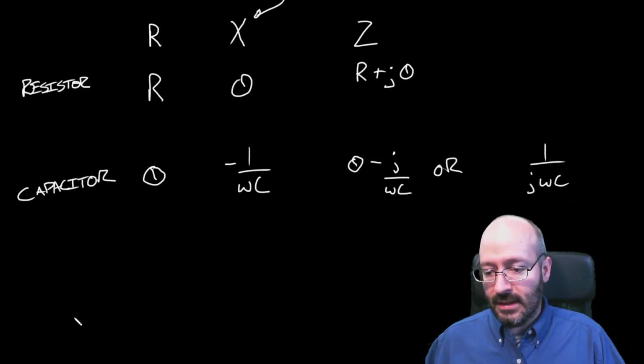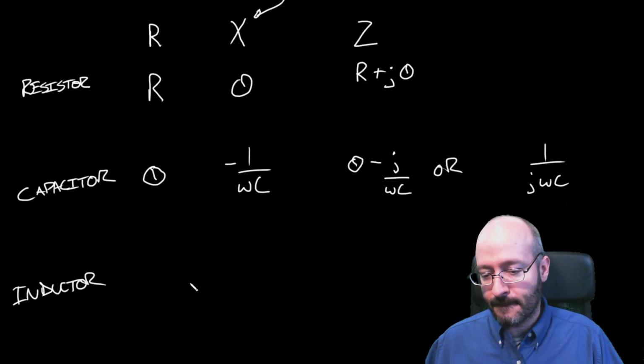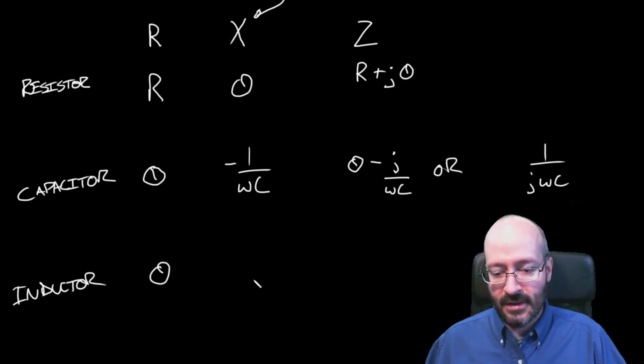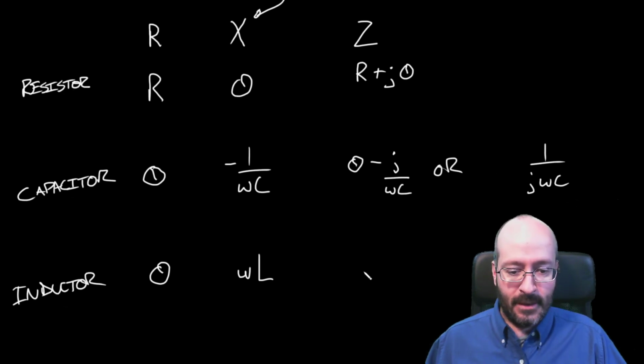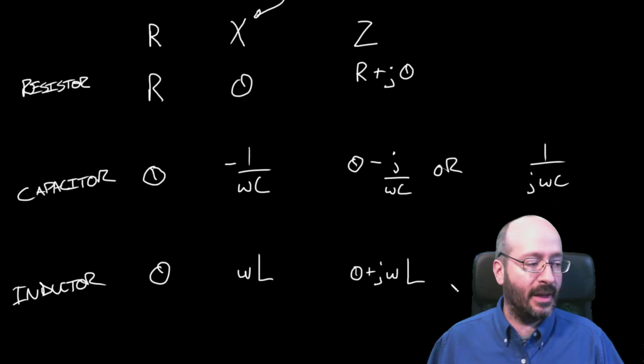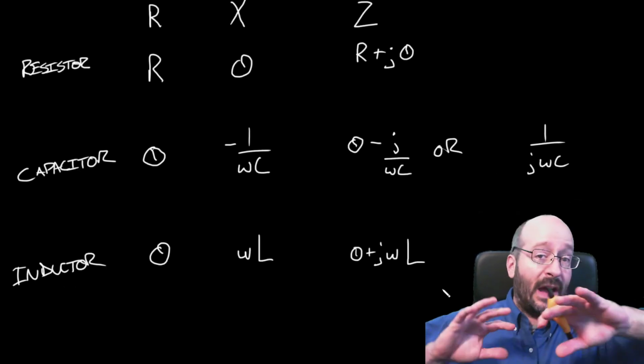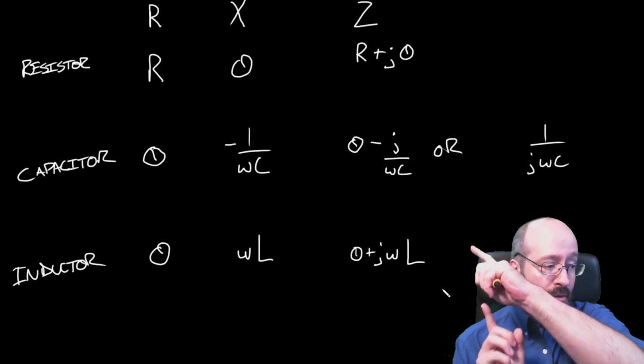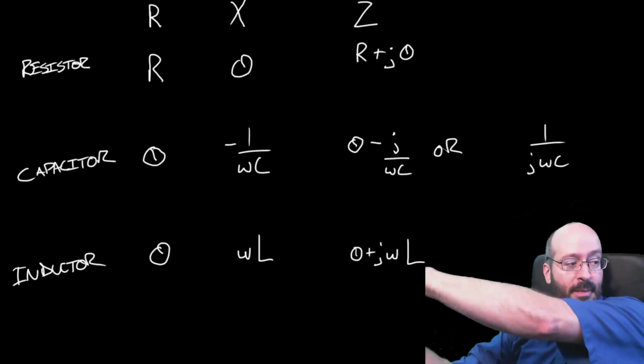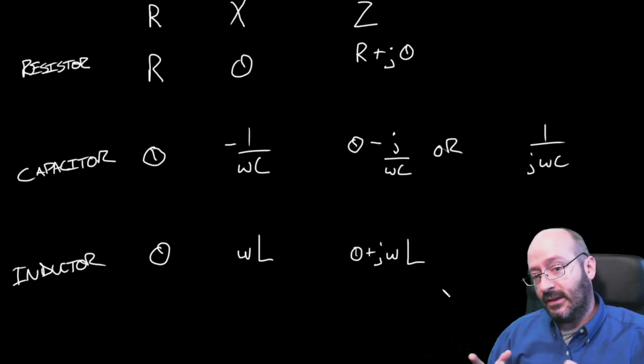Last one, the inductor. There is no resistance, and the reactance is omega L, and we can put that together and say 0 plus J omega L. Out of all of this, this table is the important thing.